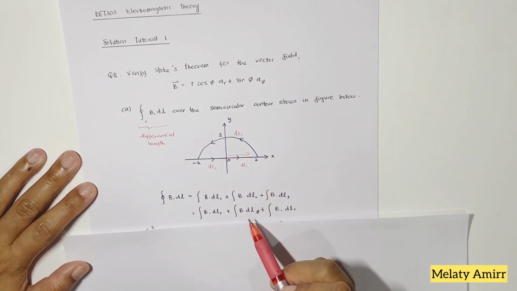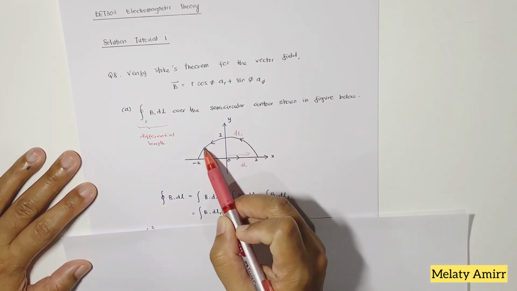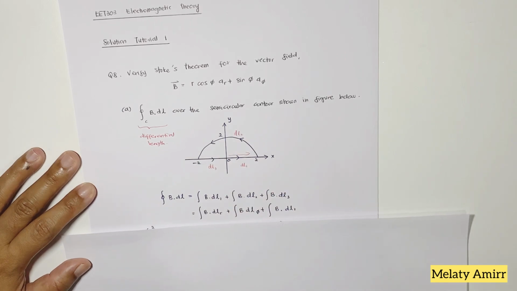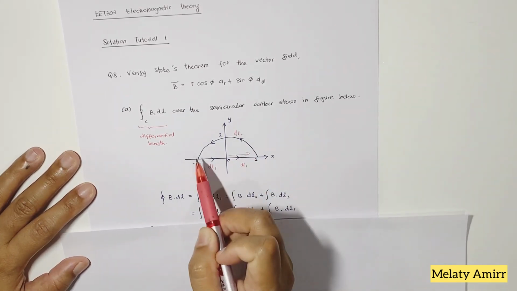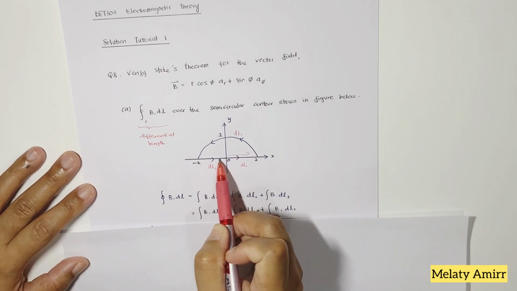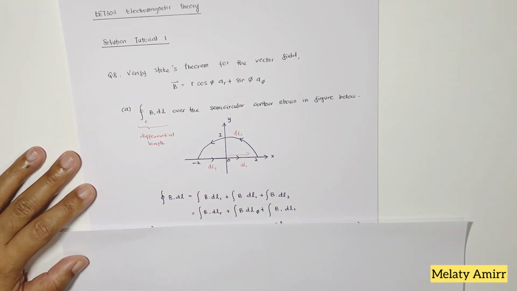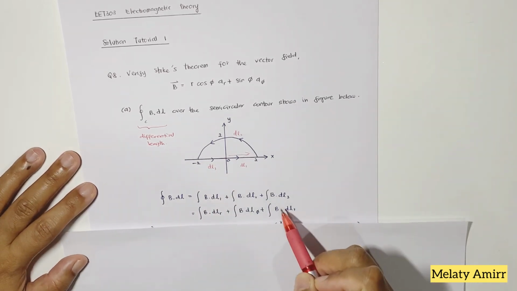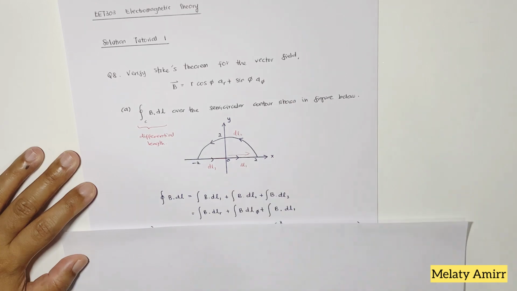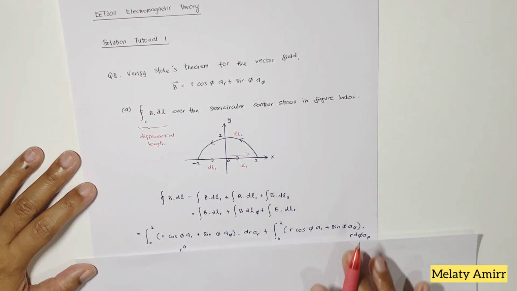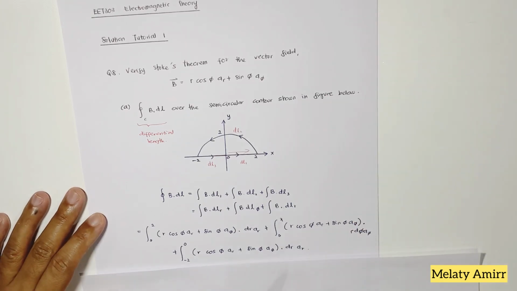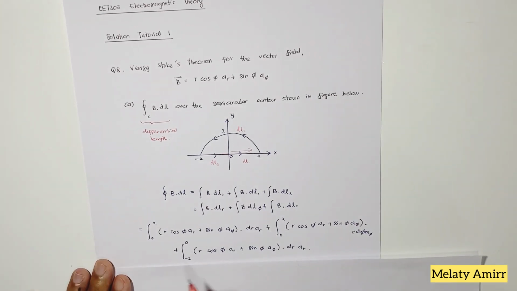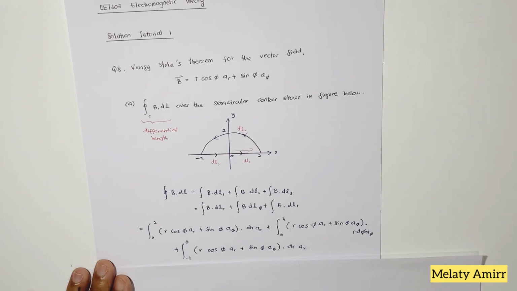Then dl2 follows the phi, the length of phi here, and then dl3 follows the radius here, same as the first dl1. Now we need to substitute all the equations.